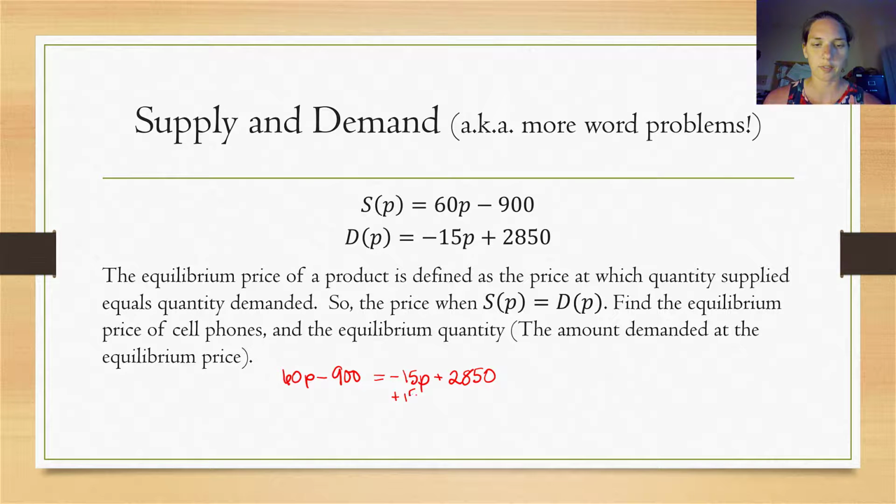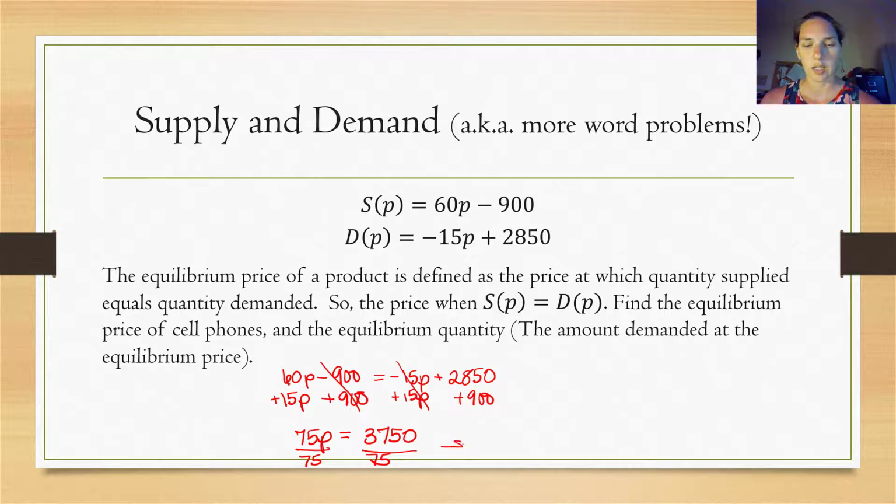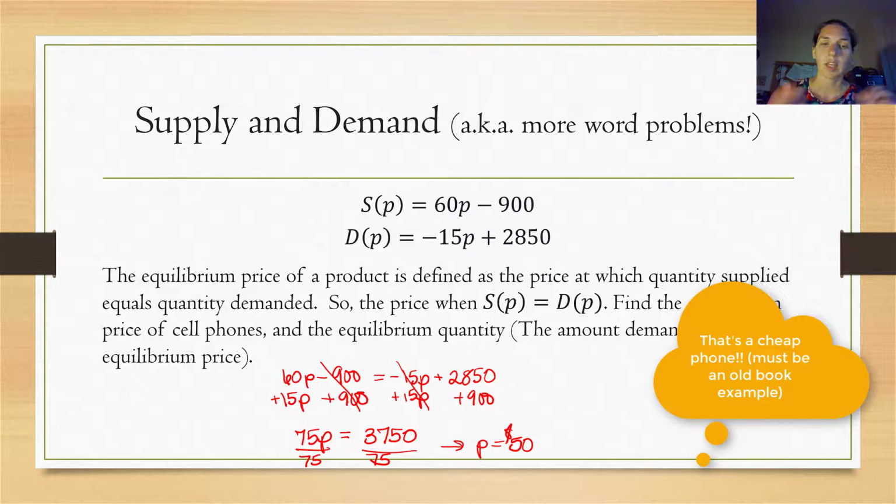Alright, I'm going to add 15p here, add 900 here. These will go away for us, and we're left with 75p equals 3750. Divide by 75, and we get p equals 50. So if they offer this cell phone for $50, that's going to be their equilibrium price.